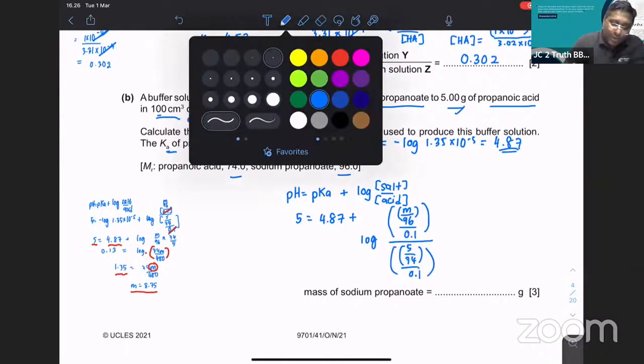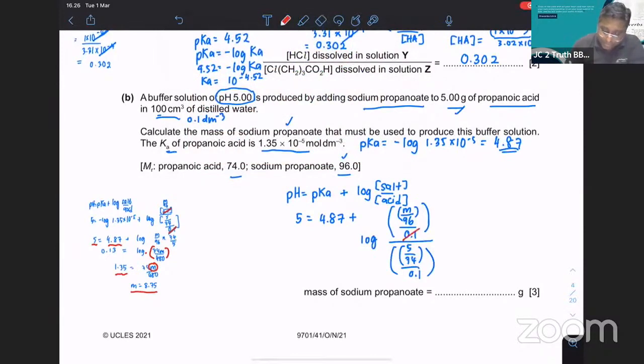From here, you can cancel and simplify. So 5 equals 4.87 plus log of m over 96 times 74 over 5.